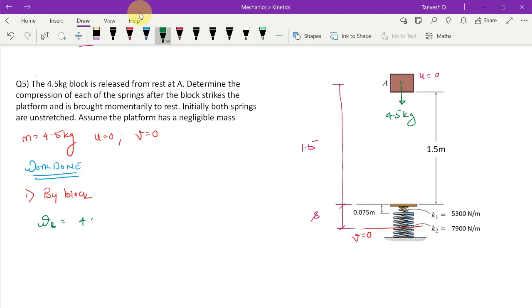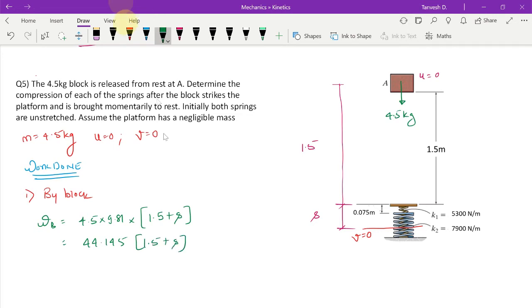So 4.5 multiplied by 9.81 into 1.5 plus S is the total work done, right? So if I simplify this, it would be around 44.145 into 1.5 plus S.